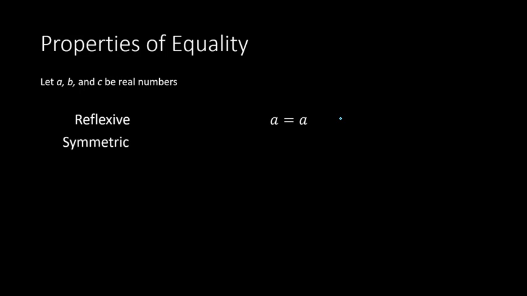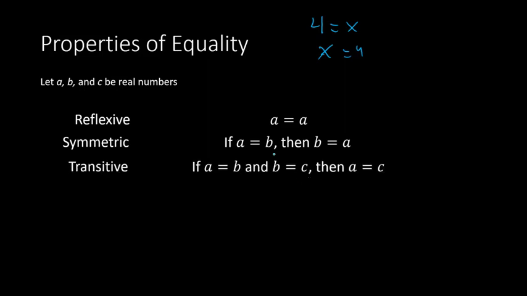And then we have the symmetric property, which says that if a equals b, then b would equal a. And this is used many times when solving equations. You might get the answer of 4 equals x when you solve. You can switch that around and write that as x equals 4. So that would be sometimes when you use the symmetric property.